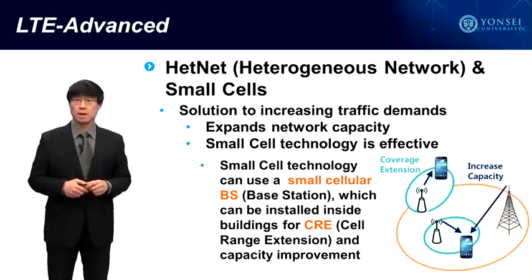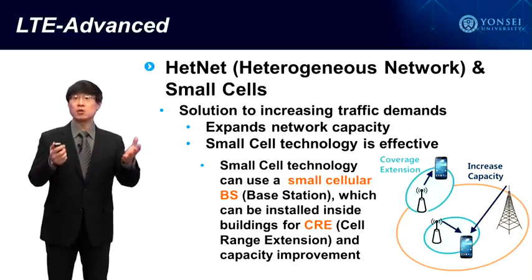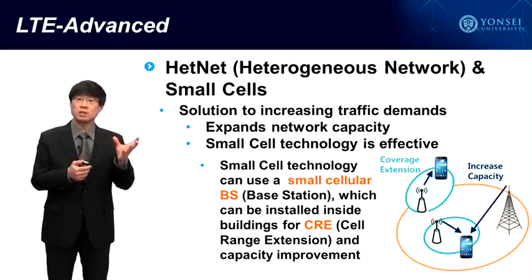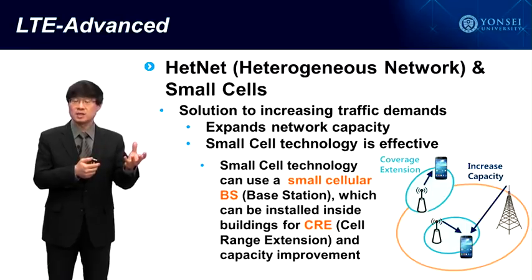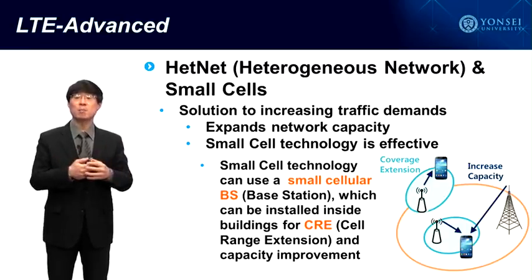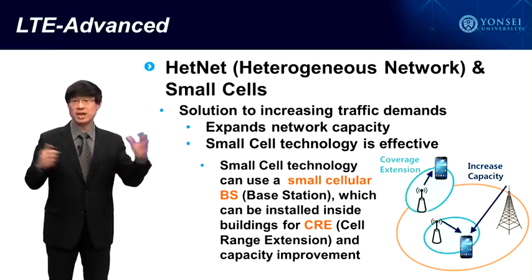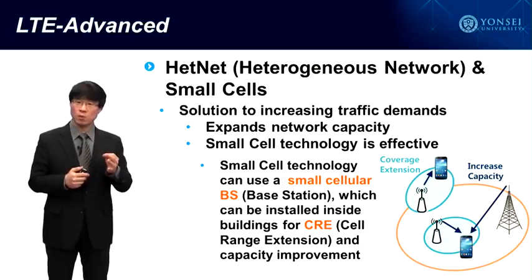Next, we look at heterogeneous networks, HETnet, and small cell technology. This is a solution to support largely increasing traffic demands. You're going to use small cell technology in a specific way such that you can support much higher data rates in smaller regions and then combine this together so that all users are supported what they want.